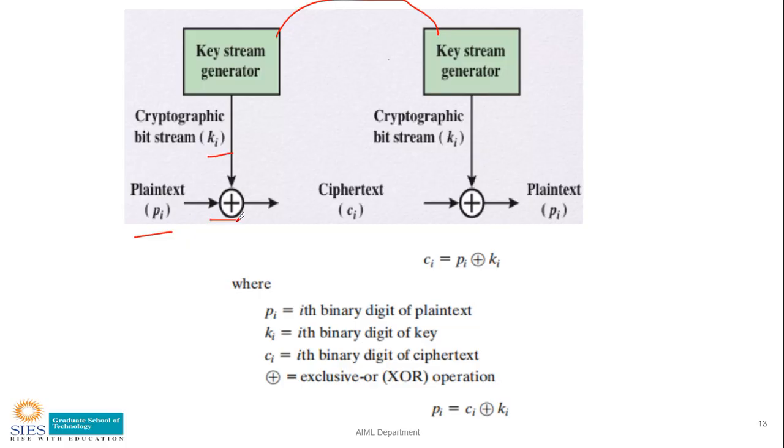We use the simple XOR operation to generate the ciphertext, and we get the ciphertext and the same key at the receiver, and again the XOR operation will reduce it to Pi. So the XOR operation is very important, because the ciphertext Ci is nothing but Pi XOR Ki, that is plain text XOR key, and when we XOR the ciphertext again with Ki, we get Pi again.